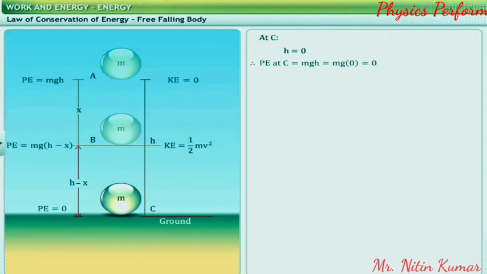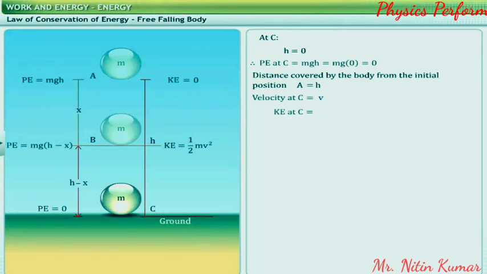When the body reaches the ground at point C, the potential energy is 0, since the height of this body from the ground is 0. At this point, the body has covered a distance h from its initial position A. Let the velocity of the body at C be v.